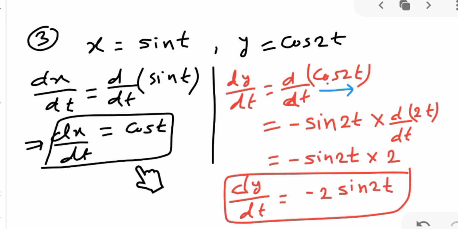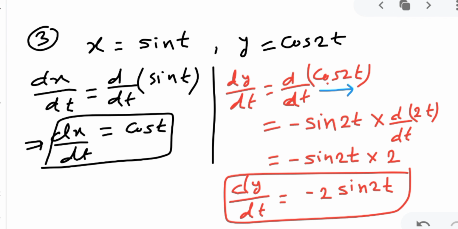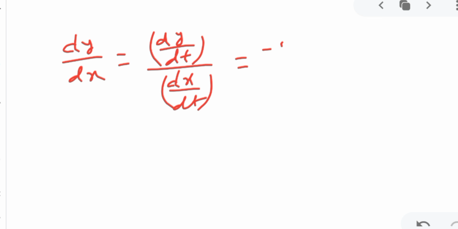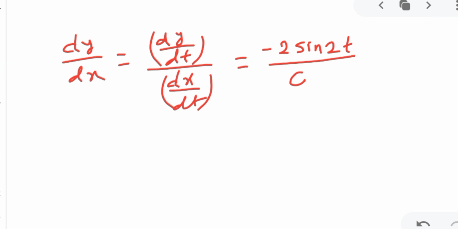Dx upon dt we found, dy upon dt we found. Now I will find dy upon dx, with the same approach: dy upon dt divided by dx upon dt. The dy upon dt value is minus 2 sin 2t, divided by dx upon dt, which is cos t. Any simplification there is, I will do. Do you remember the formula of sin 2 theta?